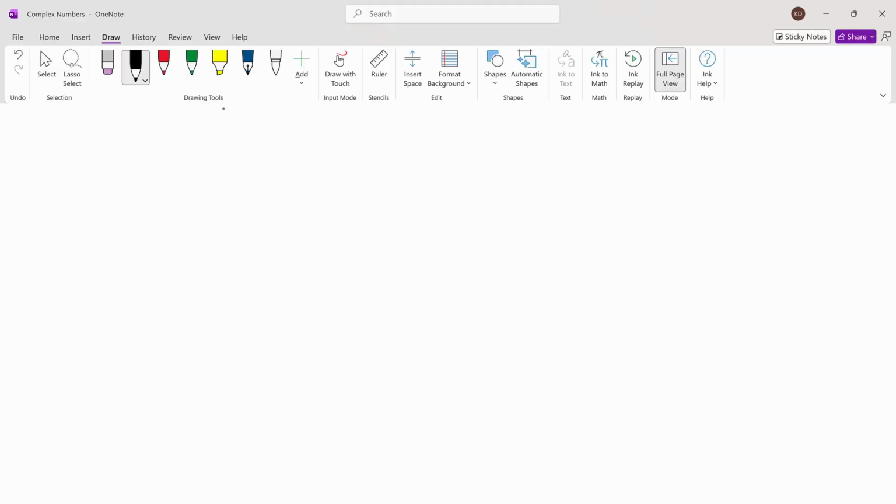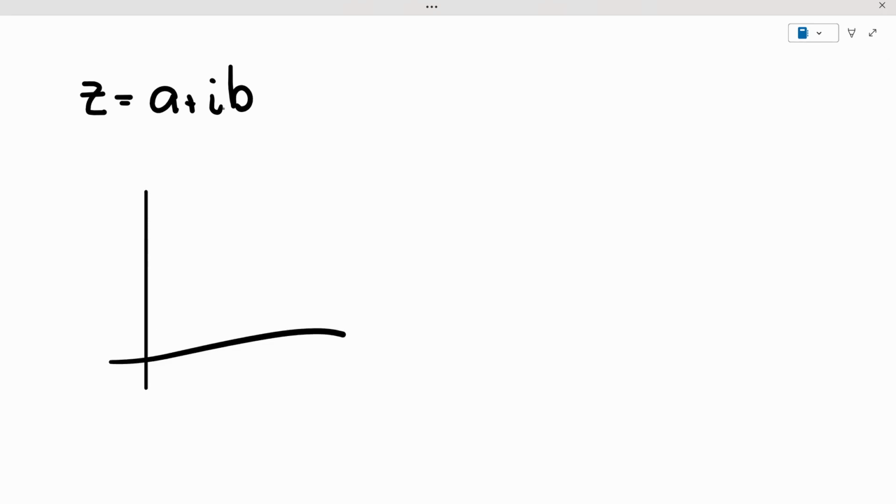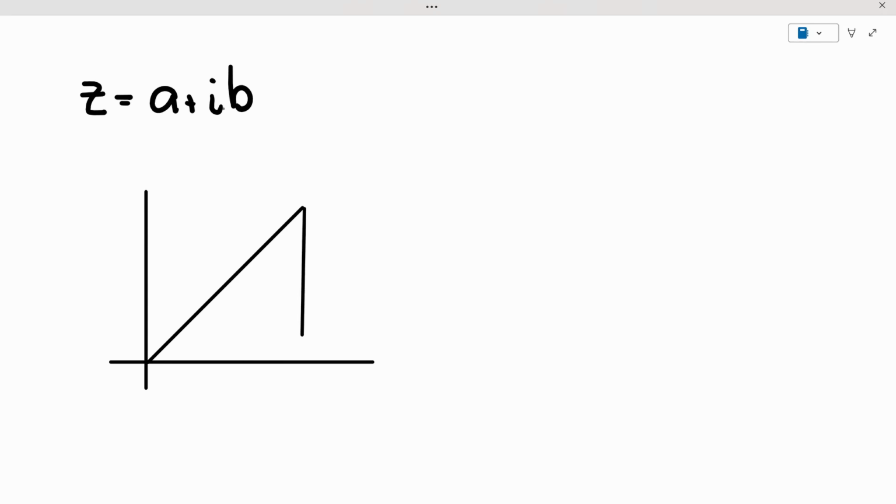So the last thing we'll talk about in this little introduction is that we know we have a complex number z equal to a plus ib. We know that we could represent that complex number on what you call an Argand diagram, right? Just putting in the solid lines for now.